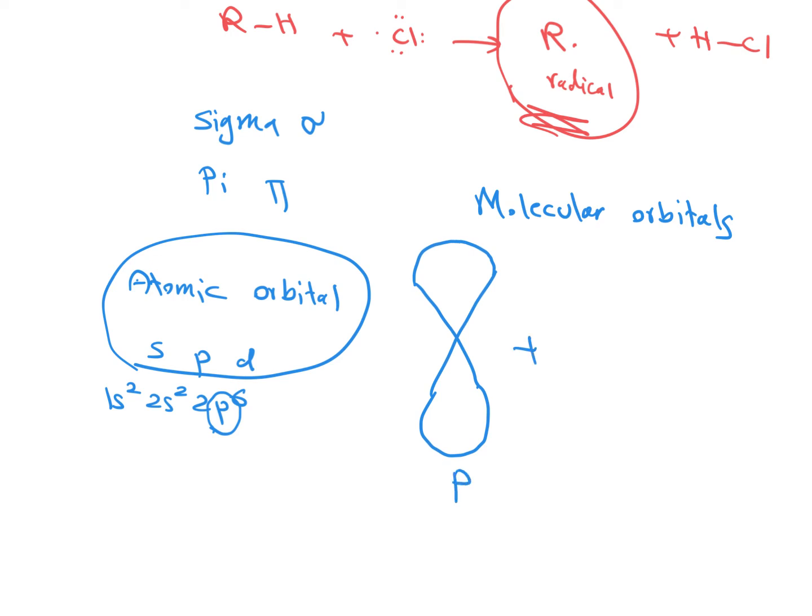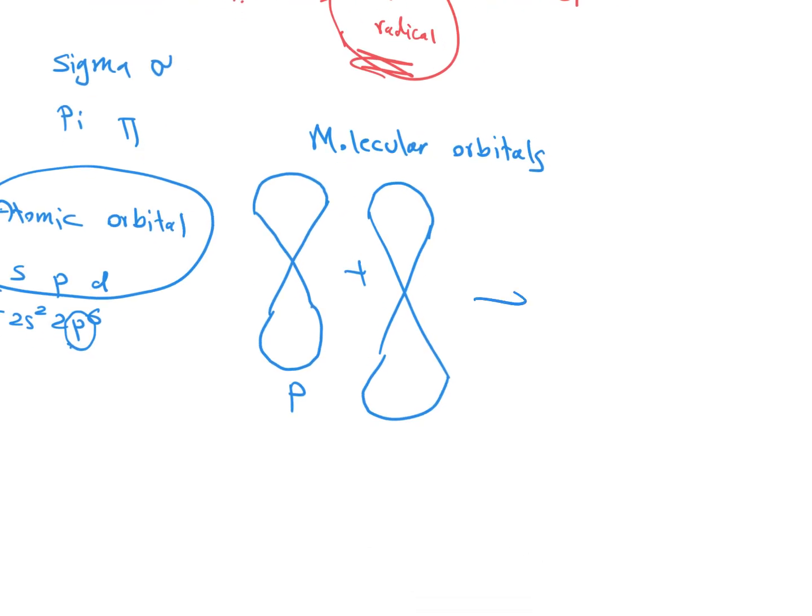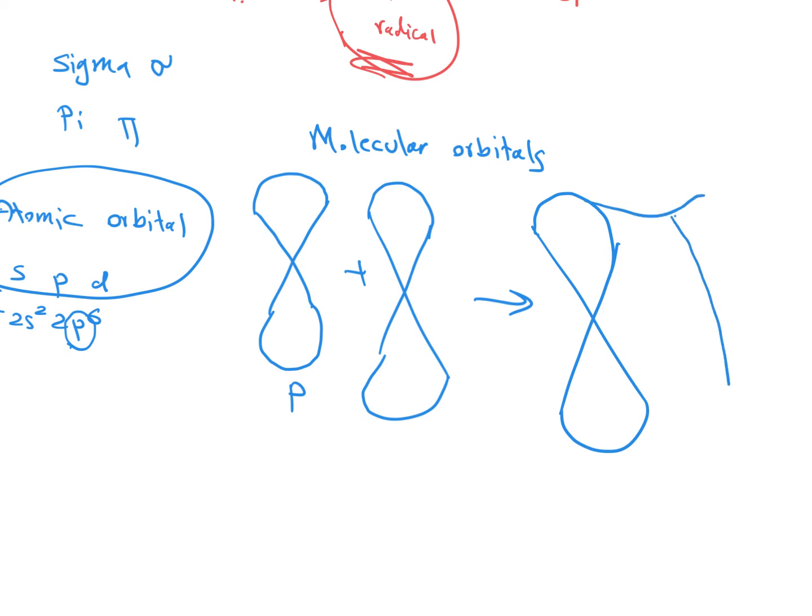So if these two combine, you will have this. This is the pi bond. And you said this is the only way it forms? Yes. So this is how your book writes that, kind of like this, and I apologize for the distortion.